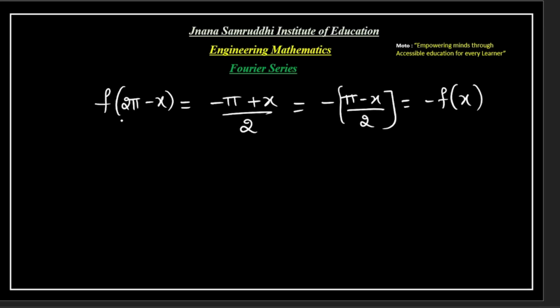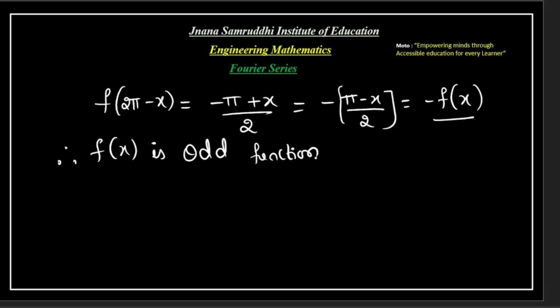So for f of 2 pi minus x, we got minus f of x. So hence the function is an odd function. Therefore, if f of x is an odd function, then our values a0 and an will become 0.